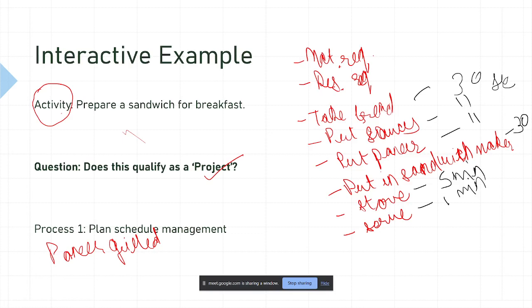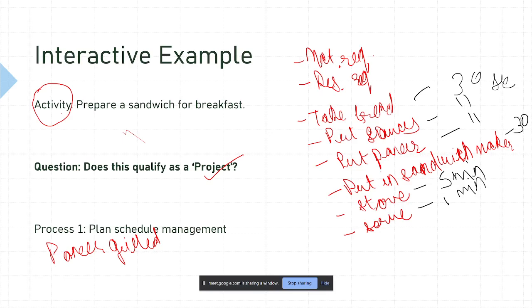Okay, schedule management processes. Now, one question was that we have to start working most of the activities in parallel. So we will discuss with this example only. Let's suppose you have to make 10 sandwiches. If it is just one person and one sandwich maker, we will just follow the same steps, right?